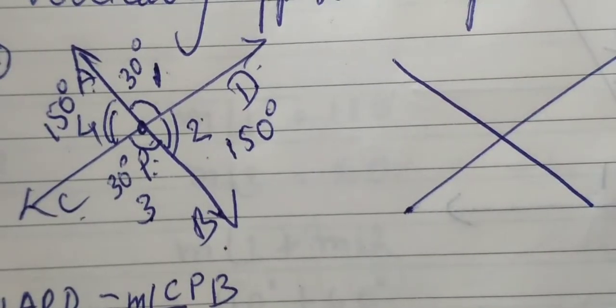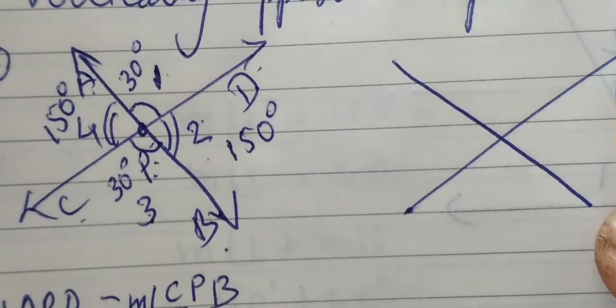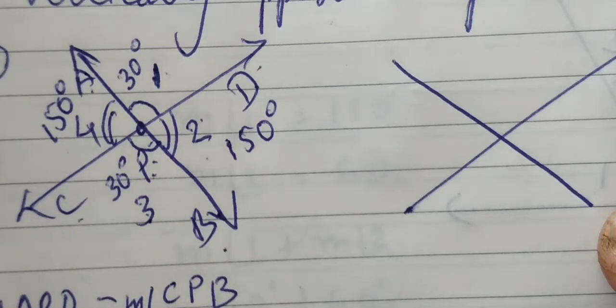It's going to be 150 degrees. Why? Because 2 and 4 are vertically opposite angles formed by the intersection of line CD and line AB. Is that clear? You will get two pairs of vertically opposite angles when two lines intersect each other.